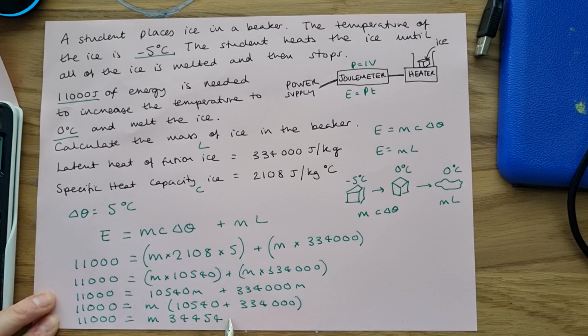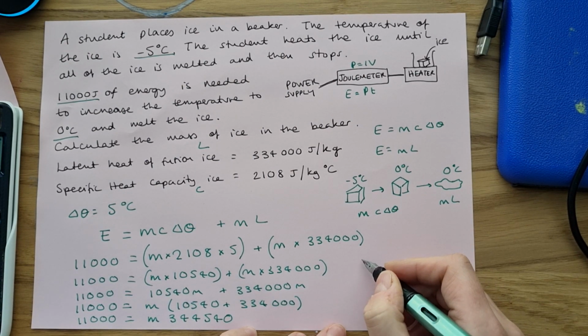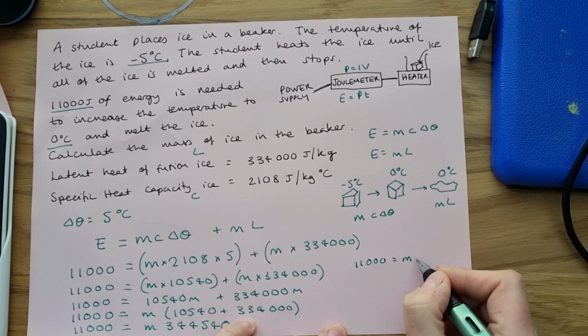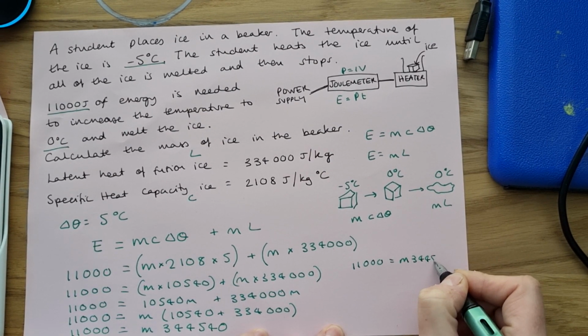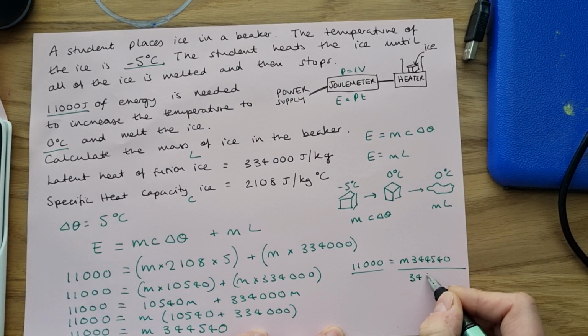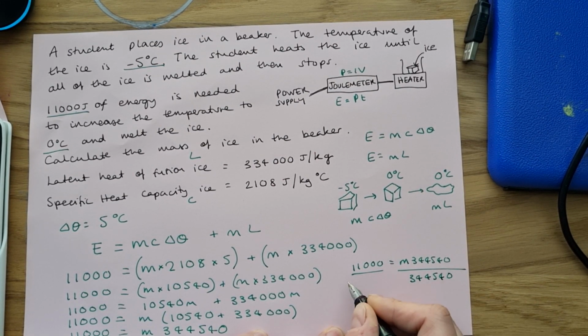I should have been able to do that in my head. And then I can just divide both sides. So I've got 11,000 is equal to m times 344,540, and I'm going to divide both sides by 344,540.